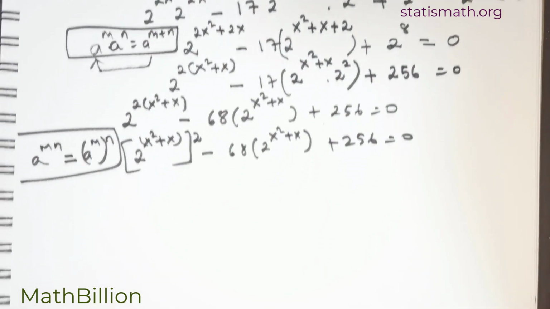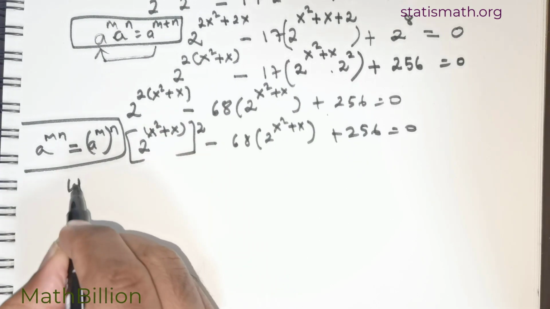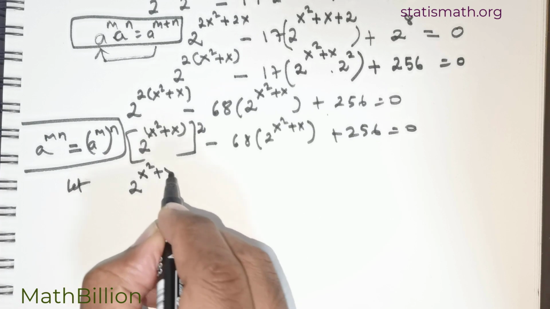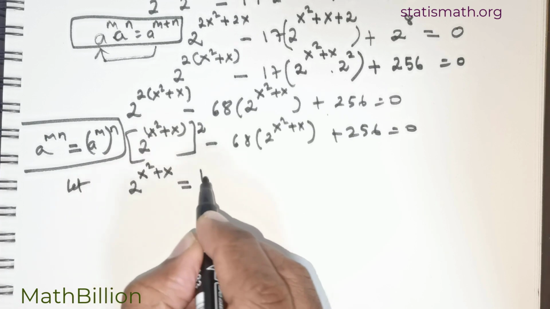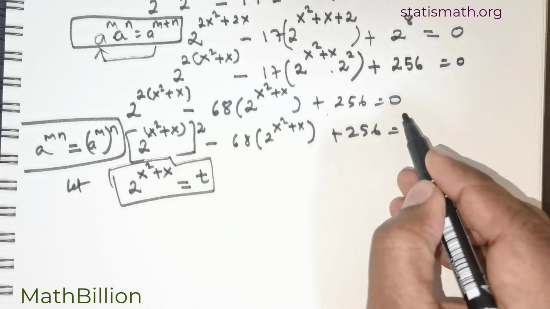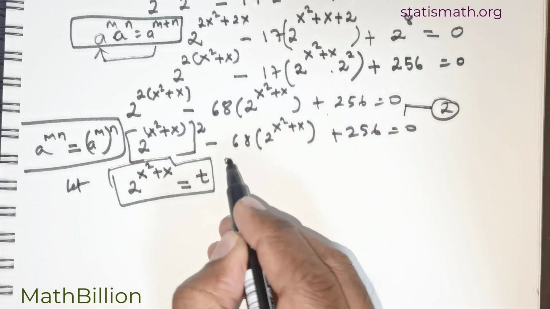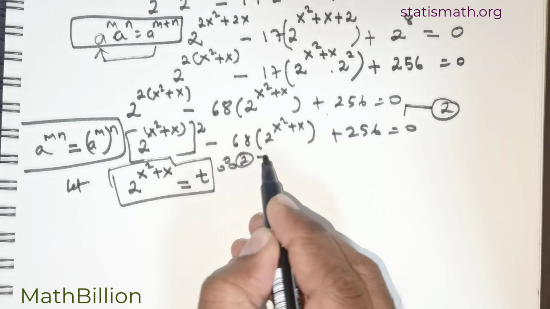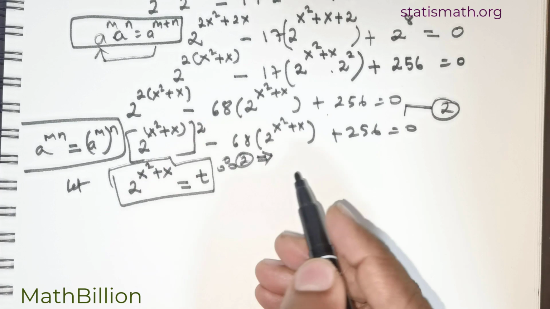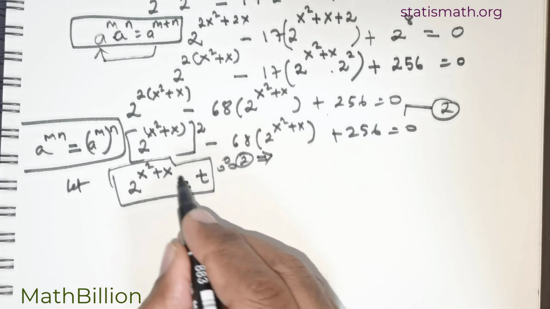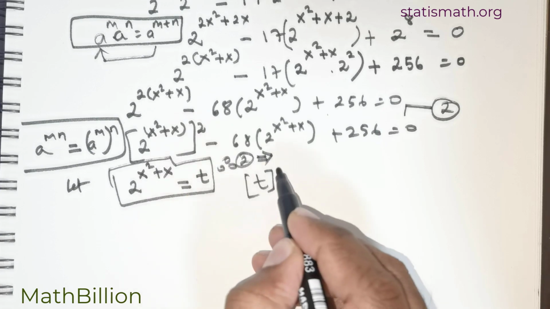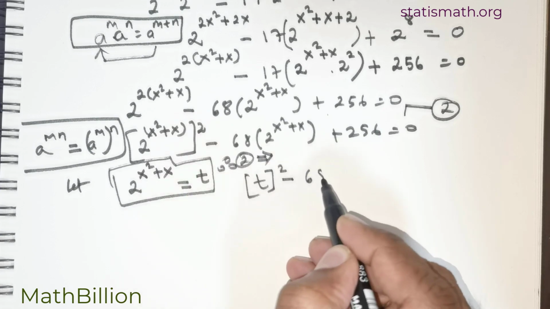Now I would like to make a substitution. Let 2^(x² + x) be equal to some t. In place of 2^(x² + x), I will be substituting t. So this is going to be t, raised to the power of 2, followed by 68.